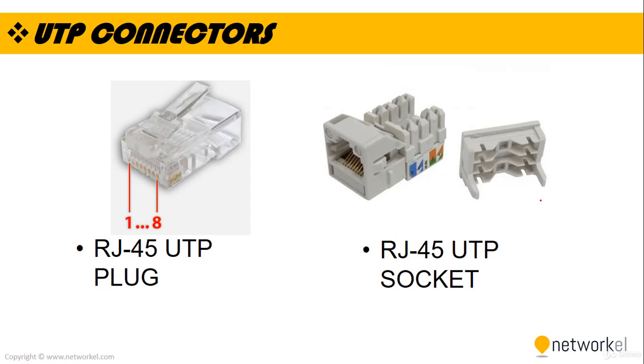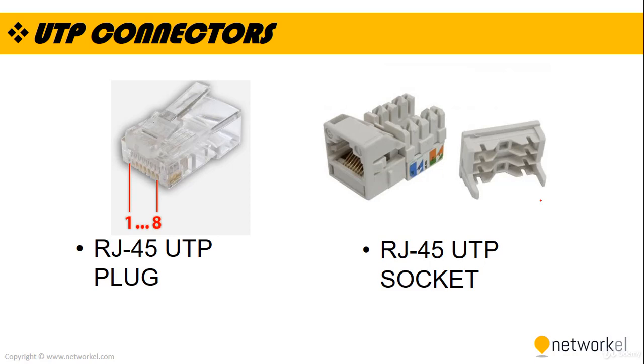Let's go ahead with the UTP connectors. A connector is the part of a cable that plugs into a port or interface to connect one device to another. Most connectors are either male, containing one or more exposed pins, or female, containing holes in which the male connector can be inserted.